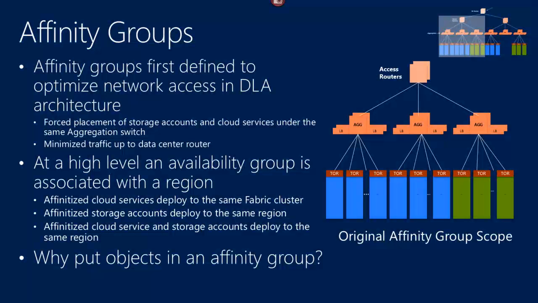And so that's the original concept of affinity group. If you specified your compute, it would go underneath the same access router as another cloud service in the same affinity group or a storage account with the same affinity group. The networking architecture has obviously changed. So what does affinity group mean these days?